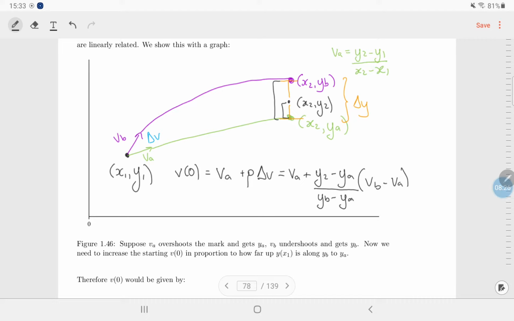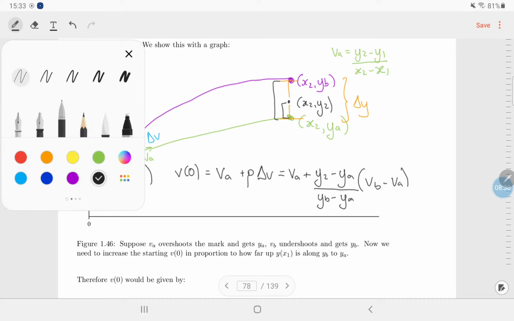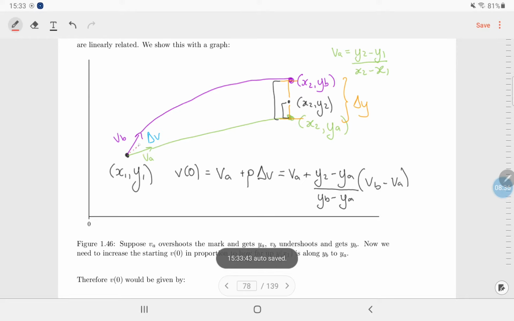And it turns out that that will be exactly the slope that you need to hit this bang on the money. Boom. So you can take two shots and kind of average them out.